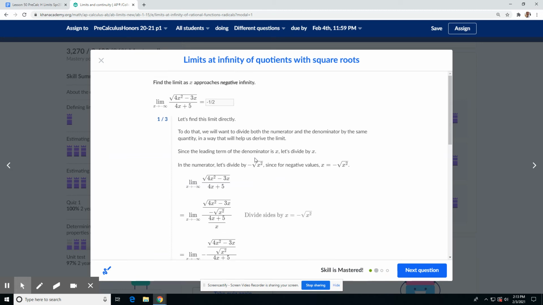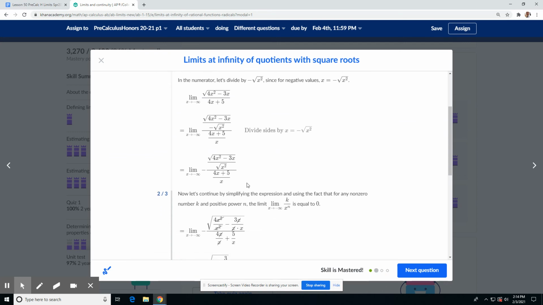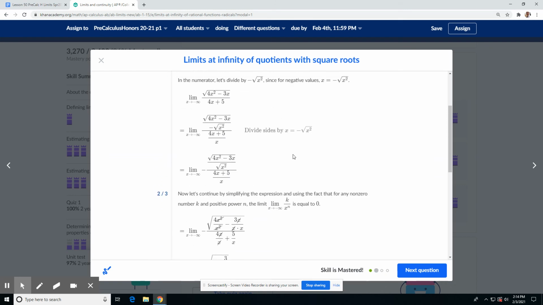Let me just understand what they're kind of doing here. All right, so this is the original problem. In the numerator, let's divide by negative square root of x squared. I'm not really sure. Maybe I'd have to have Professor Khan teach me on this one. All right, I'm okay with my logic approach.